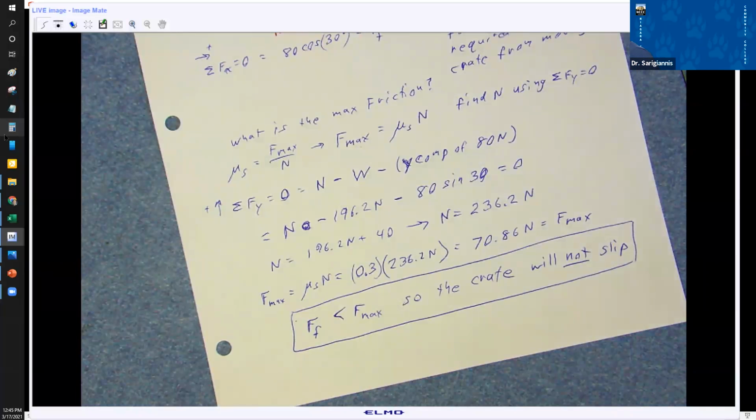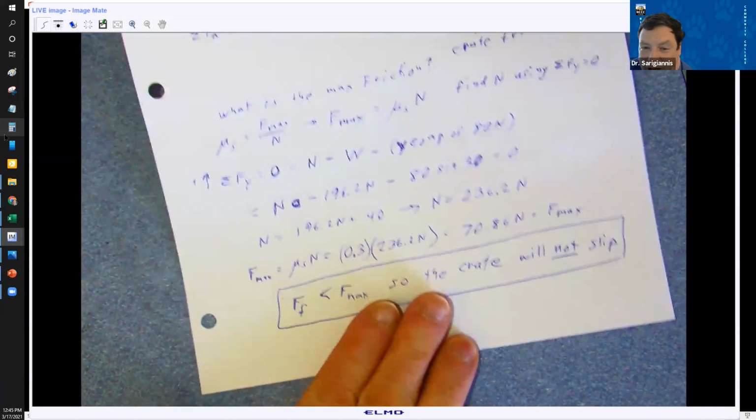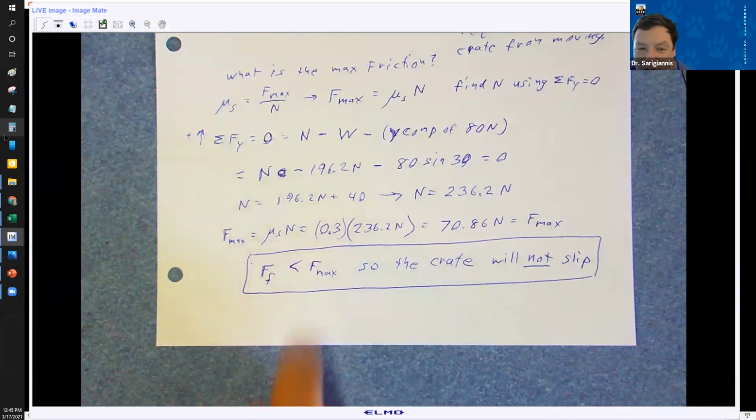Oh, this is a slippery tip one. One thing to notice, let's just discuss this for a minute. If I had a smaller coefficient of friction, right?